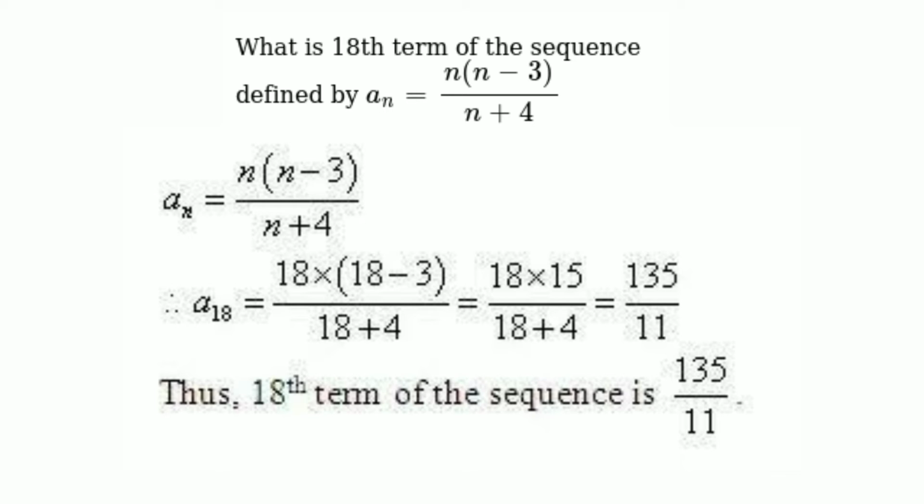We should find the 18th term of the sequence, so we keep n equal to 18. an equal to n(n minus 3) by n plus 4. a18 equal to 18 into (18 minus 3) by 18 plus 4. 18 minus 3 equal to 15. 18 into 15 by 18 plus 4. 18 into 15 equal to 270 by 22. It gives 135 by 11. Thus, the 18th term of the sequence is 135 by 11.